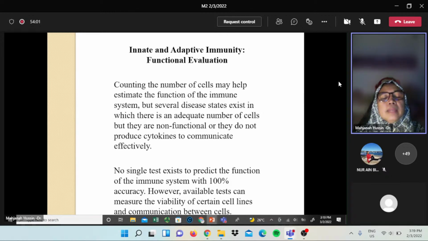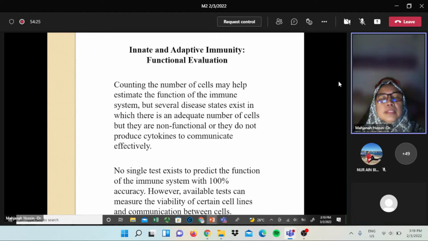All right, and sometimes a disease does not necessarily make the count low or high. It's just that sometimes it makes the immune cells not function. Okay, so this time you will have to look at the product of them.